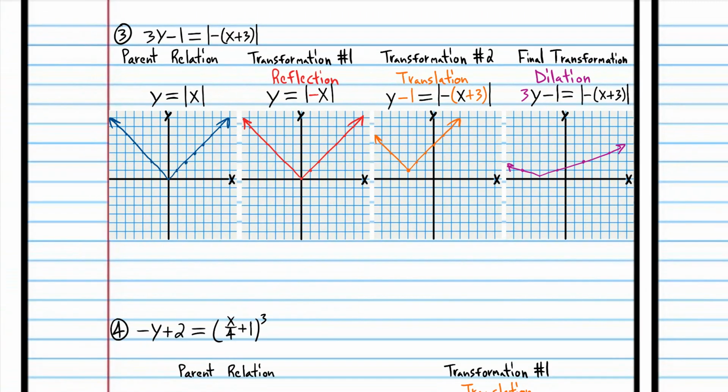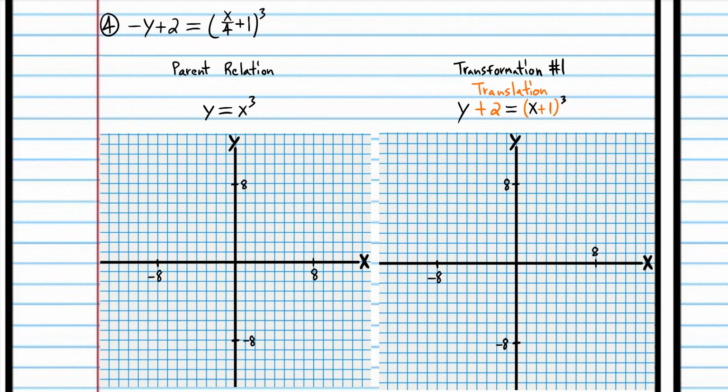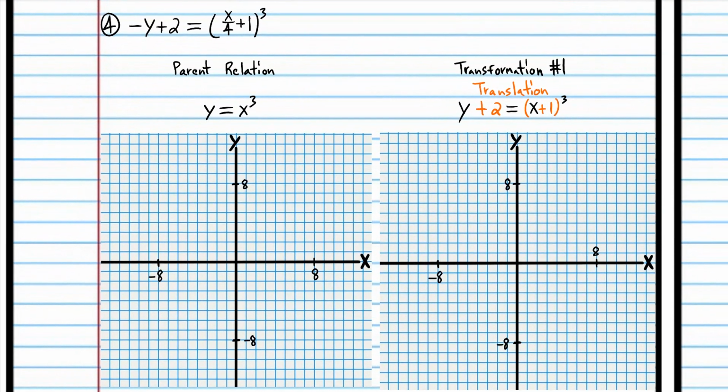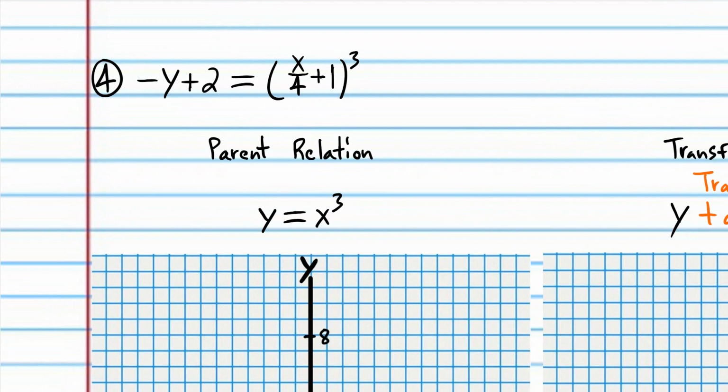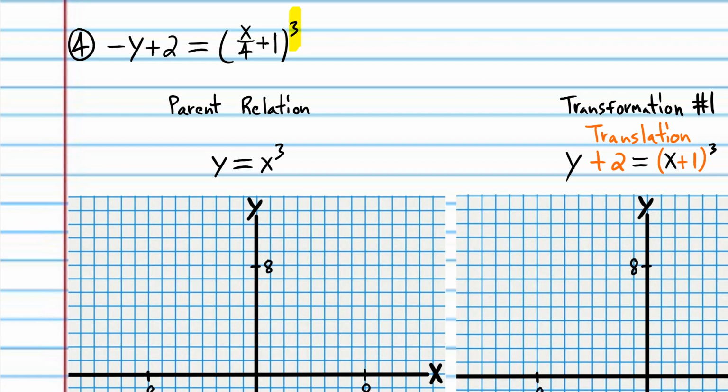All right, so let's do one more of these problems. This is a relation that is more difficult. The cubic relation is more difficult to graph. So we see, again, the purpose of this is to graph this complicated equation. We see that there's a third power there, so we're going to use the cubic parent relation.